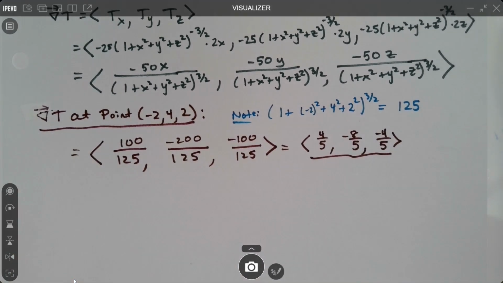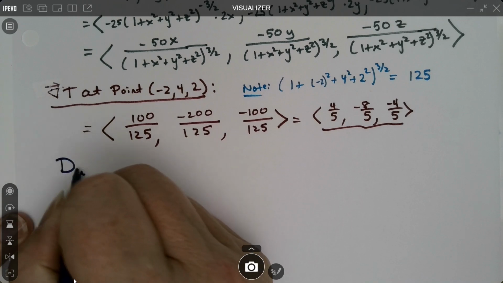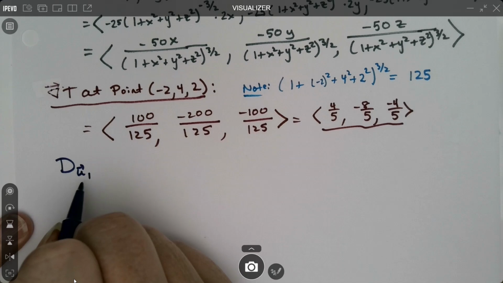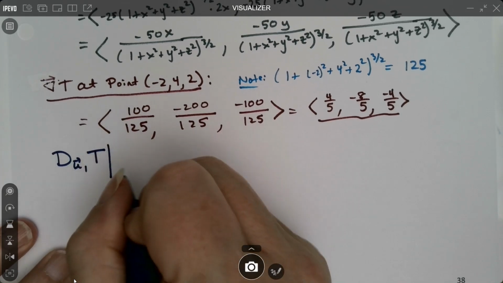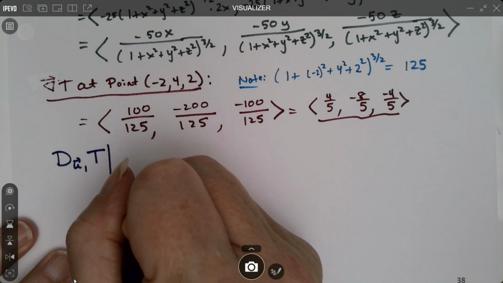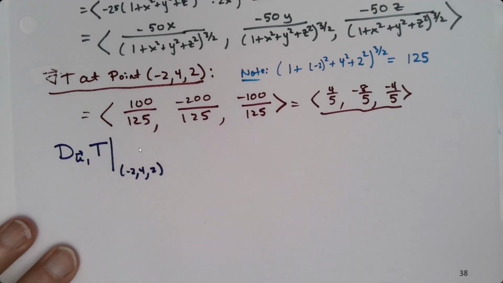Lovely. Okay, so now for our directional derivative, this is in direction u1 of temperature function T at the point (-2, 4, 2), because, of course, there are lots of different ways we can go.